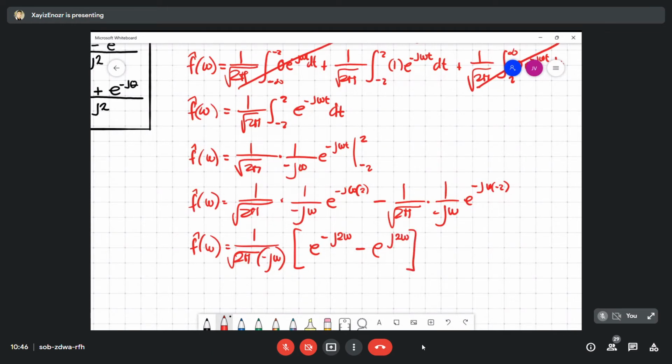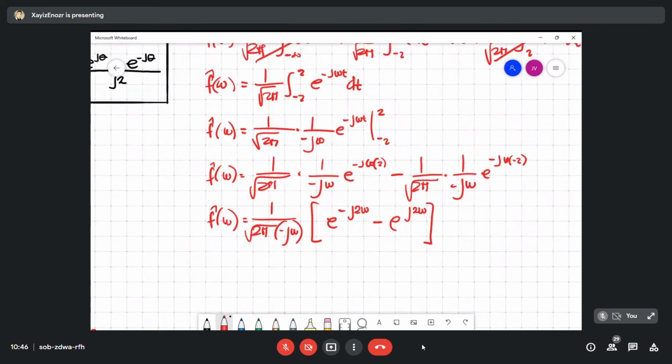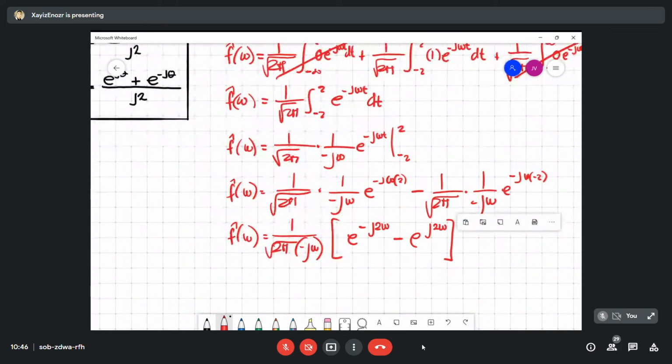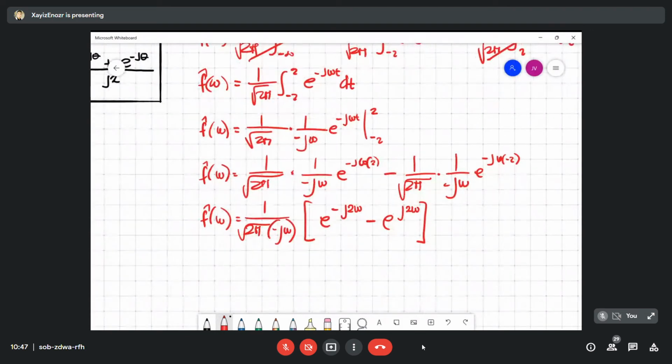Okay. Ayan. So, dito, okay. So para natin ito i-simplify, e negative j2 omega tas e j2 omega.